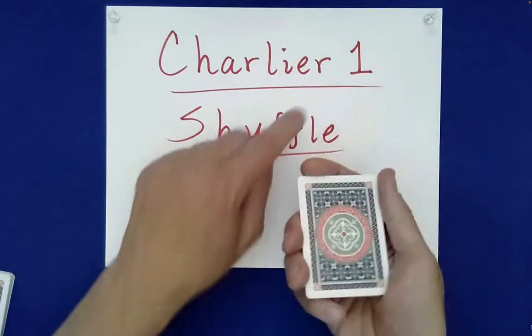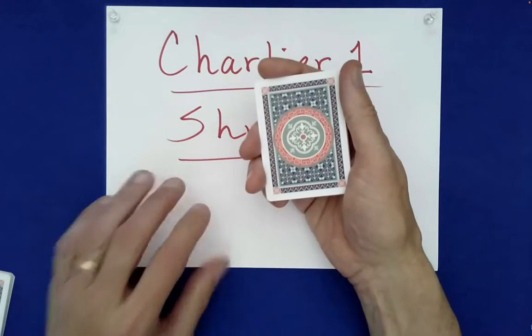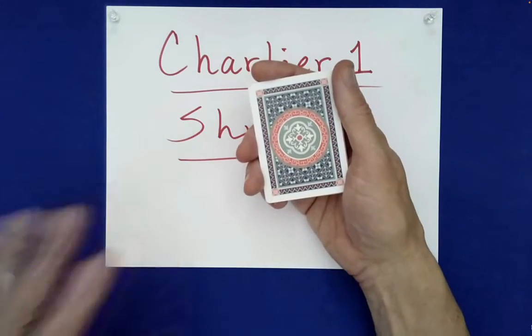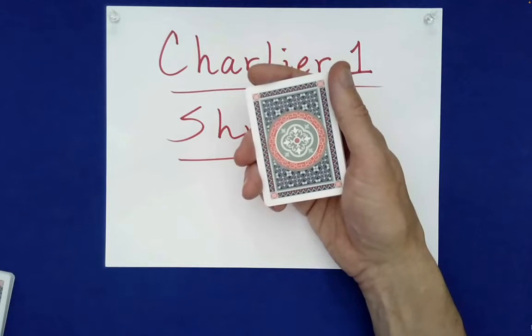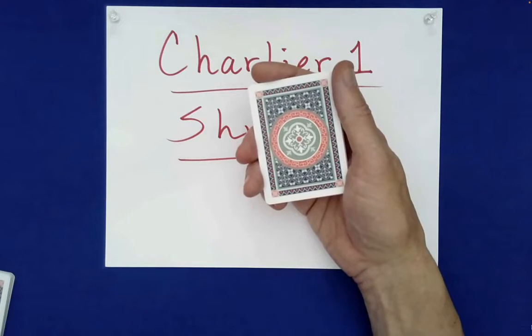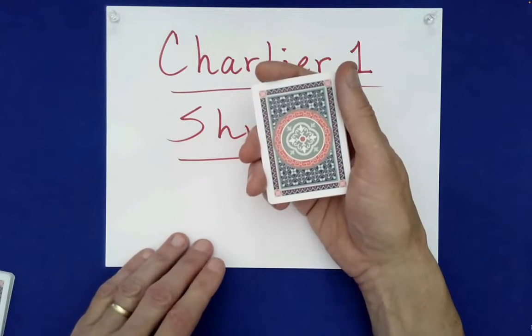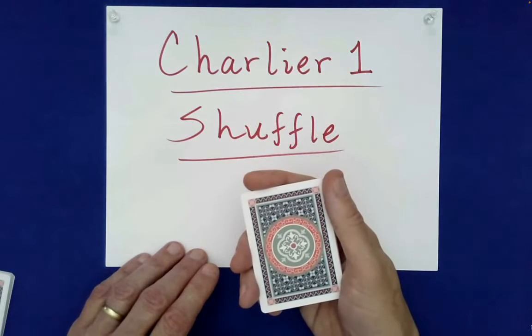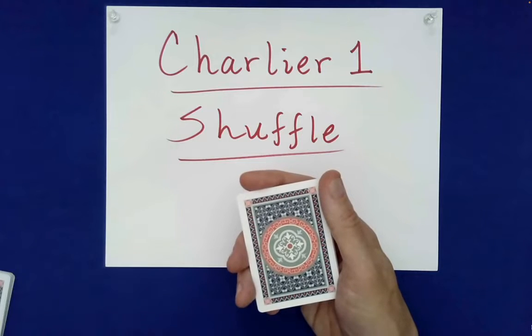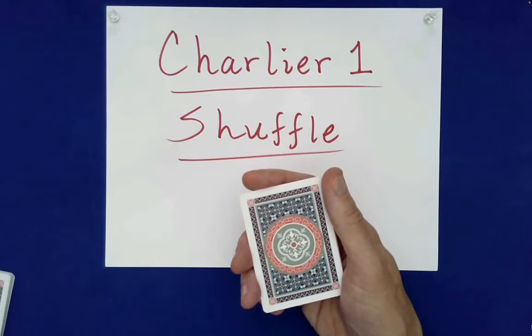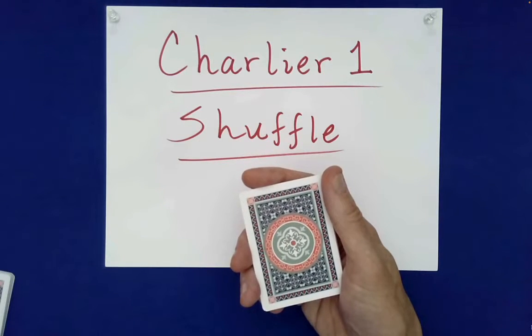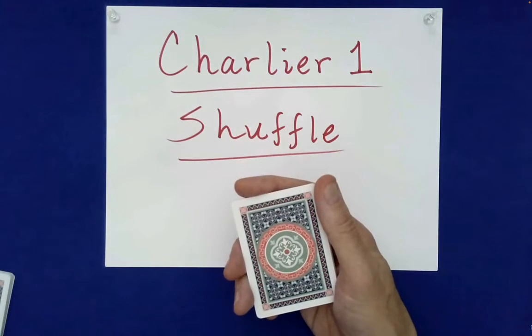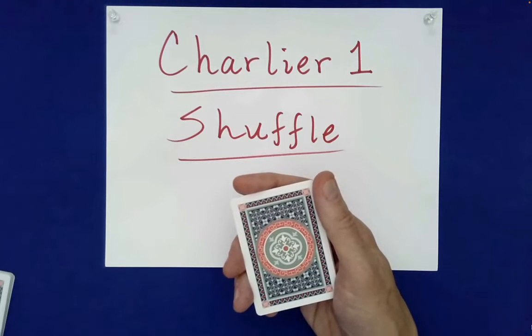Of course, if we were to do a second one, that would be another 50% cut, and as you might imagine, that would return the packet to its original order. Well, if you think about it, right there, it makes the Charlier 1 shuffle valuable for any even-sized packet of cards, because 2 of these is the identity permutation.